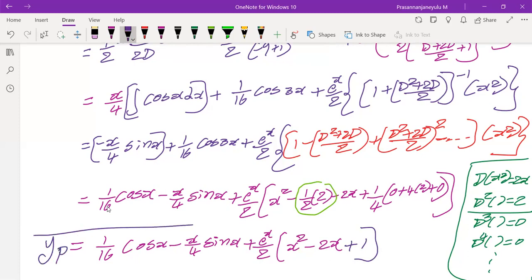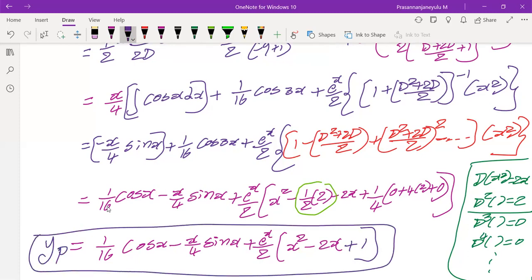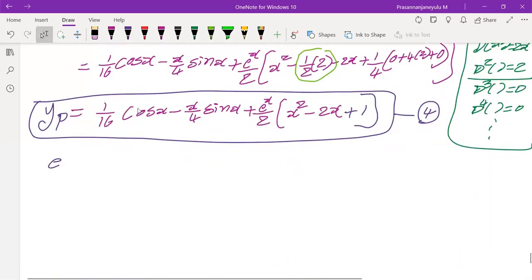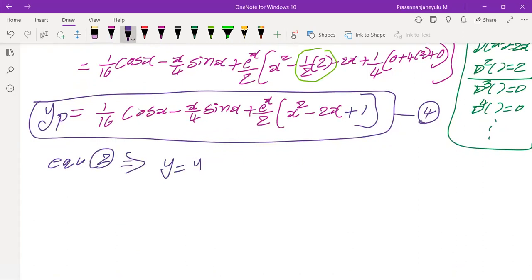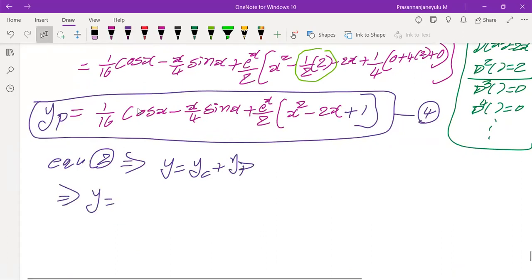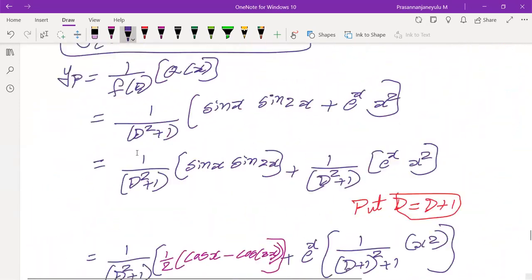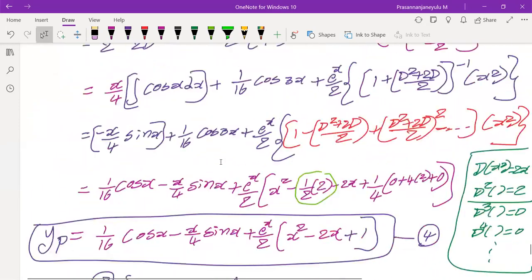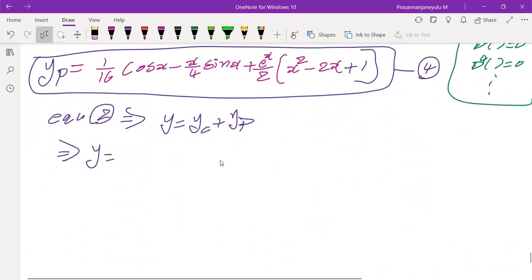Okay, now we have to substitute equation number 3 and 4 in equation number 2. Therefore equation 2 implies y equals yc plus yp. That implies y equals yc, which is c1 cos x plus c2 sin x, plus what is the yp?